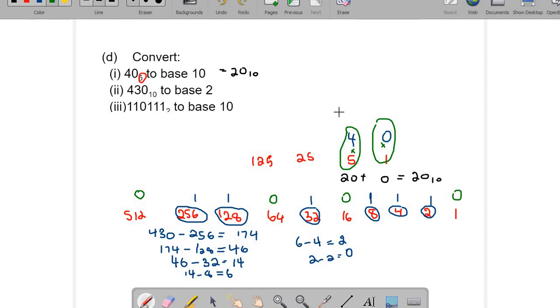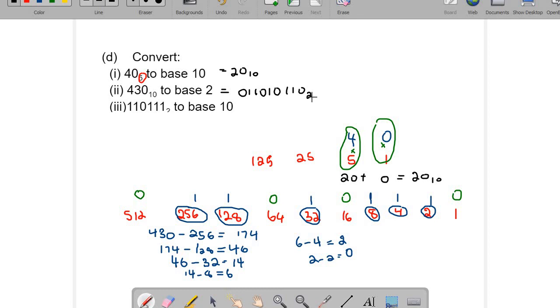Okay, so our final answer for this one is going to be... just copy everything that you have up here. 0, 1, 1, 0. And remember to look back at the sequence of numbers that you have up here, because that is very important. If we get one part of it wrong, we're writing a completely different number.